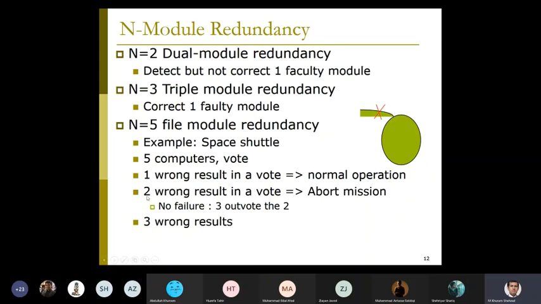If there are 3 failures, the result will be totally wrong. So this is the example from the space shuttle of how n module redundancy is introduced with 5 computers.